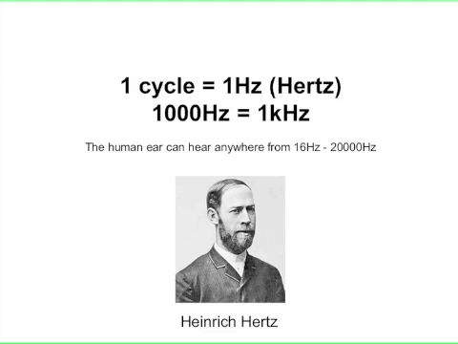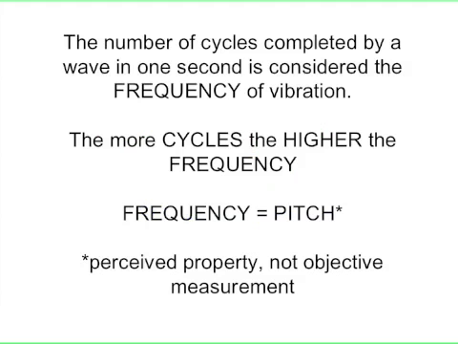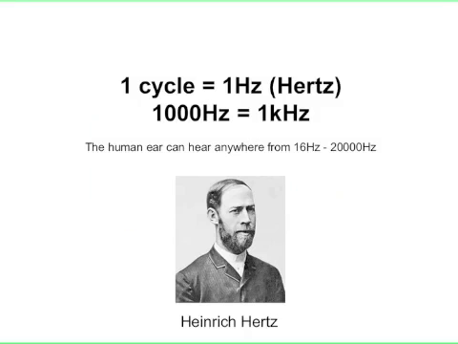So remember that the number of cycles completed in 1 second is the frequency. One cycle per second is called 1 hertz. And 1,000 hertz is equal to 1 kilohertz. The human ear can hear anywhere from 16 hertz to 20,000 hertz.